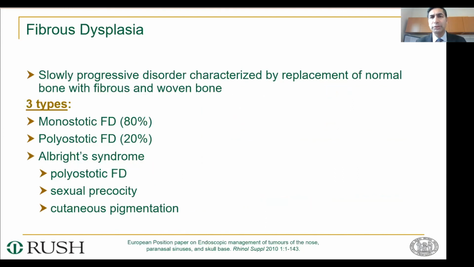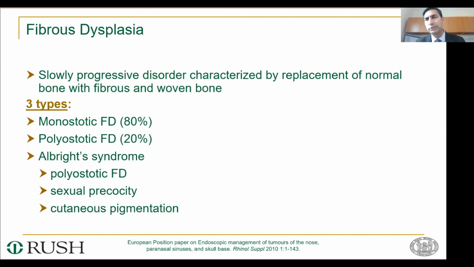When we look at fibrous dysplasia, again, this is not a true tumor, but is really a slowly progressive disorder characterized by replacement of the normal bone with this fibrous and woven immature bone. You have three subtypes. You have the monostotic fibrous dysplasia, which is the most common and represents about 80% of the cases.